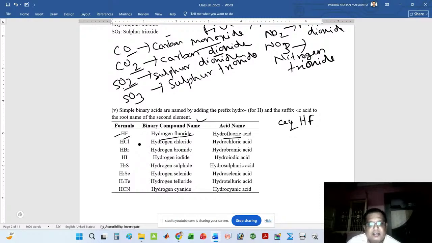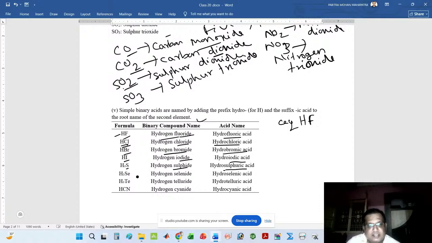Similarly, HCl is hydrogen chloride, but if you add water, it converts into aqueous HCl, that is called hydrochloric acid. HBr means hydrogen bromide, but the acid name is hydrobromic acid. HI is hydrogen iodide, and the acid is hydroiodic acid. H2S is hydrogen sulfide, and the acid is hydrosulfuric acid.